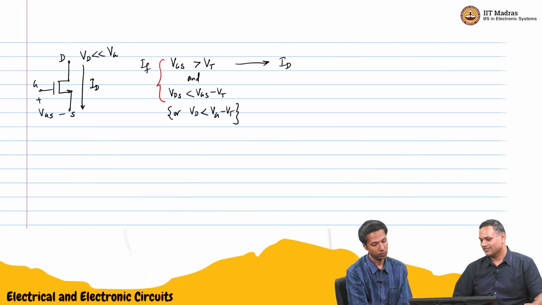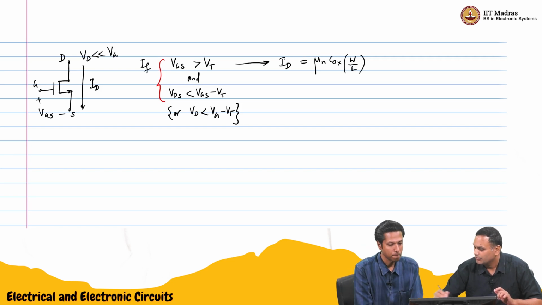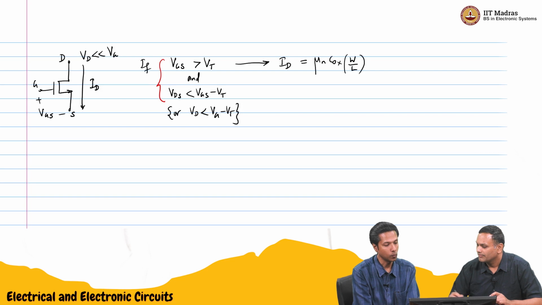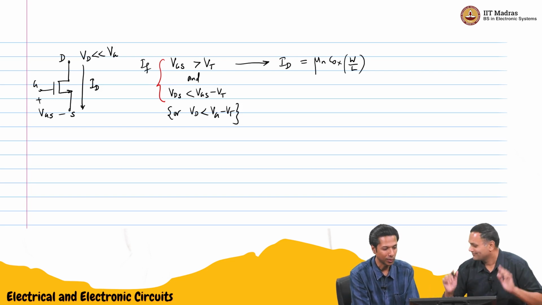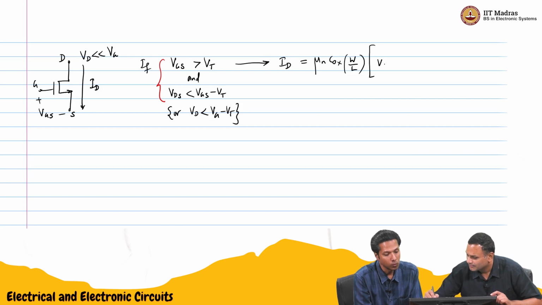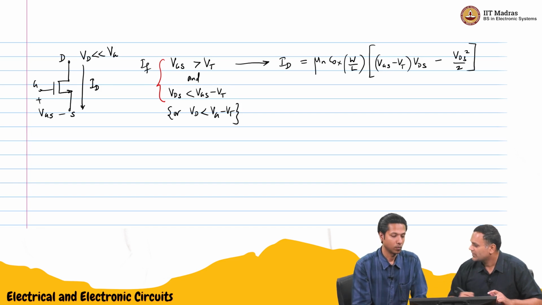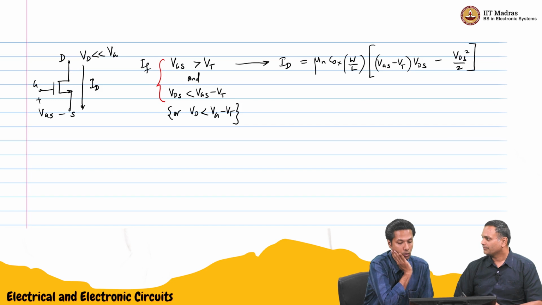In this region, the drain current has the same set of parameters, mu n C ox W over L. The half is gone, and this thing starts having a dependence on VDS. So it is VGS minus VT times VDS minus VDS squared by 2.